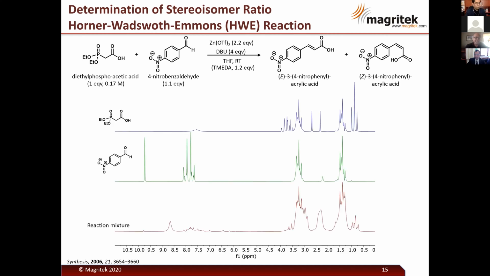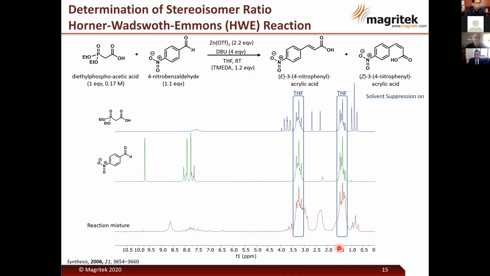These stack plots show the 1D proton spectra of each reactant and the reaction mixture. The solvent used in this reaction was protonated THF, and you can see the THF highlighted here in blue boxes. We observed this reaction with the solvent suppression on, so the intensity of the THF signal here is very comparable to the intensity from the analytes.